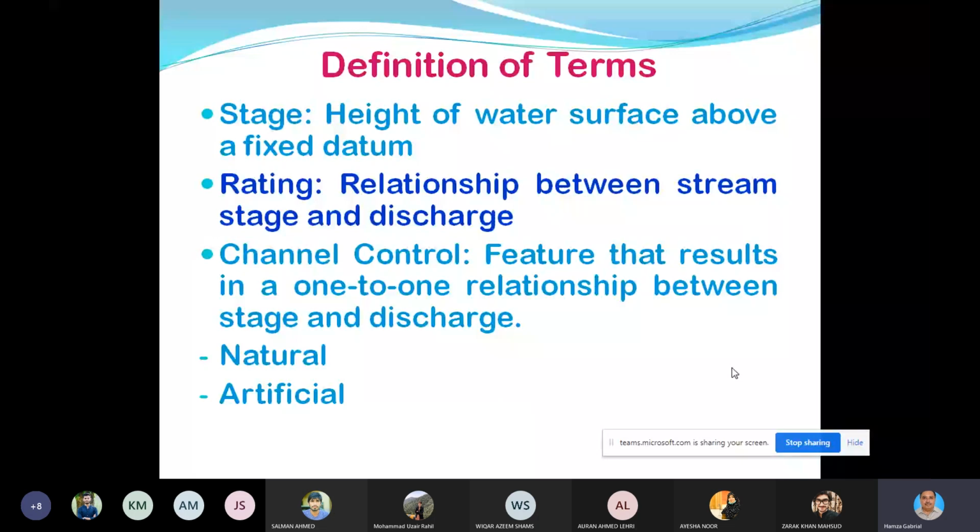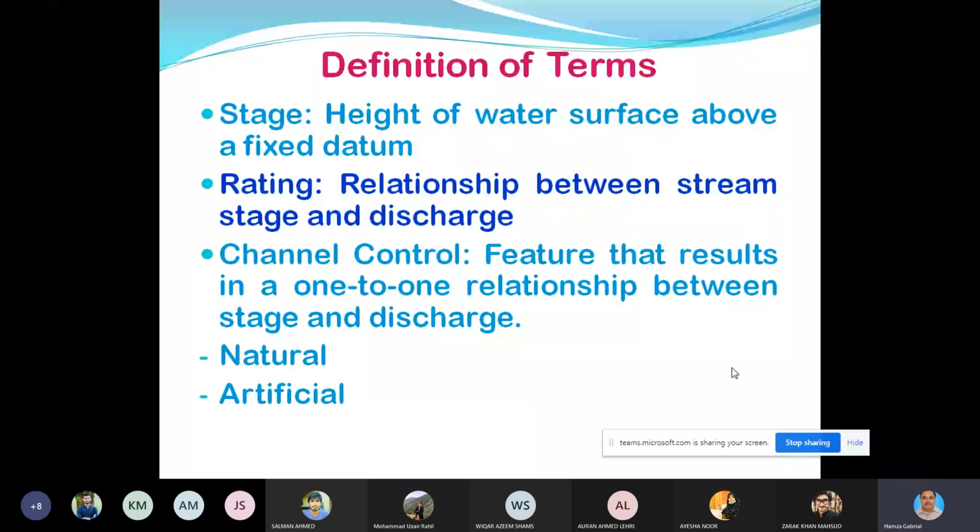Then the third term, which we'll often be using in context with the discharge measurement, is the channel controls. Channel controls are the features that result in a one-to-one relationship between the two parameters which we discussed in the rating curve, that is the stage and the discharge.